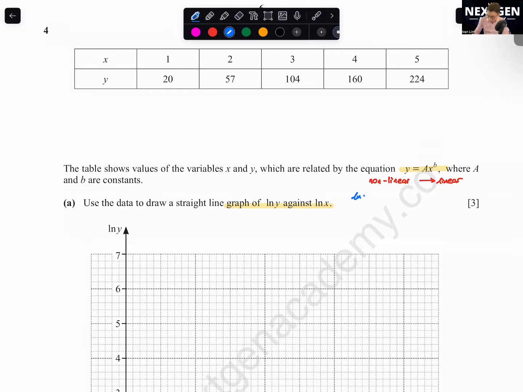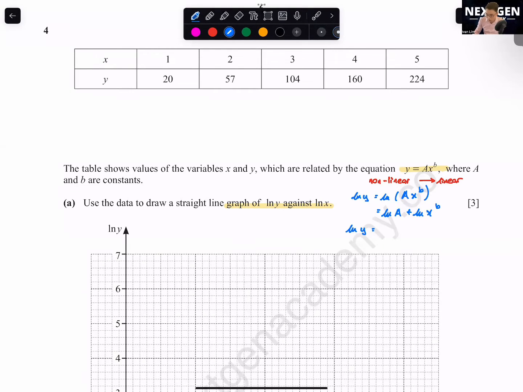So first thing, put ln at both sides first. So ln y equals to ln ax. Wait, this is wrong. B is here. Ln ax to the power of b. Ln a plus ln x to the power of b. And I want to write it in the form y equals to mx plus c.